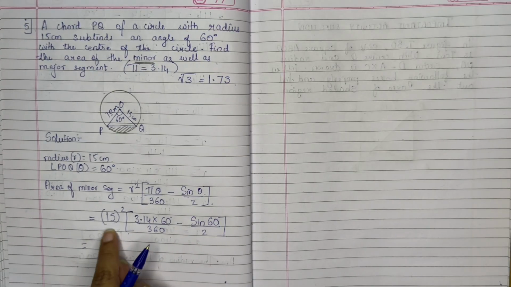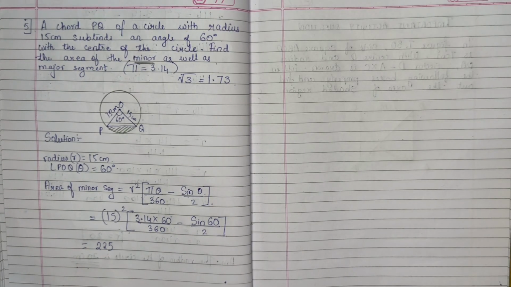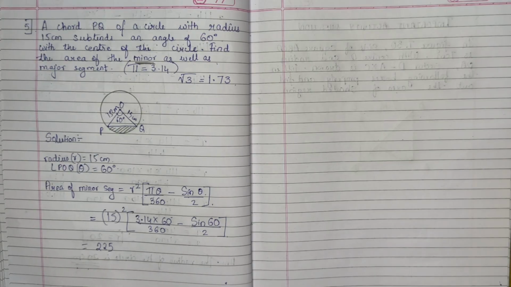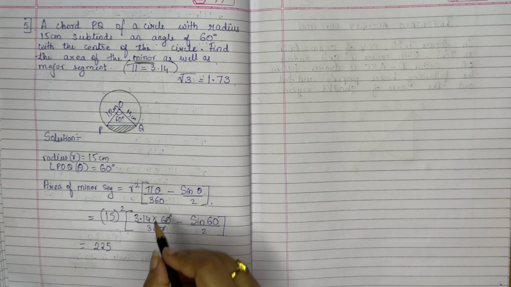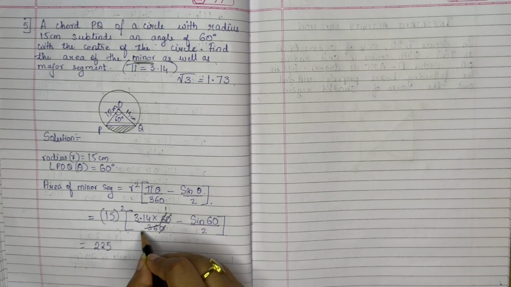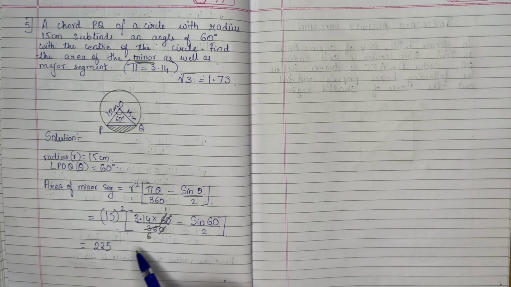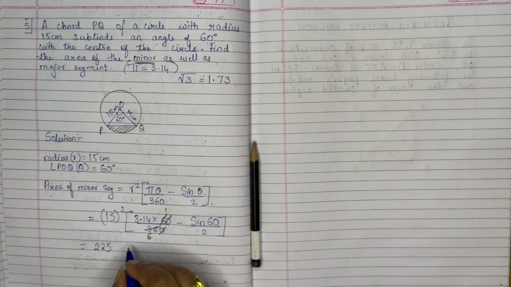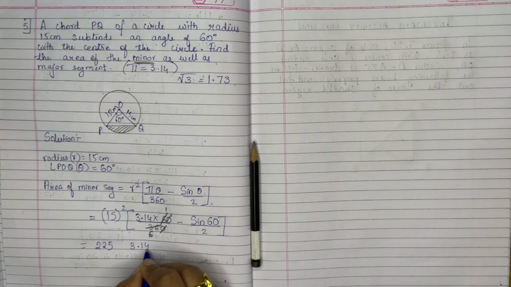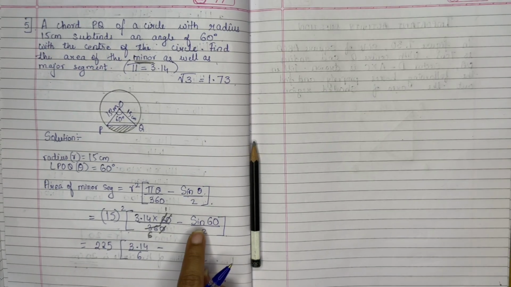Now 15 square, 15s are 225. Next step, we can reduce this 0 and this 0, they get cancelled. 6 1s are 6 and 6 6s are 36. So we get 3.14 upon 6, minus sin 60.